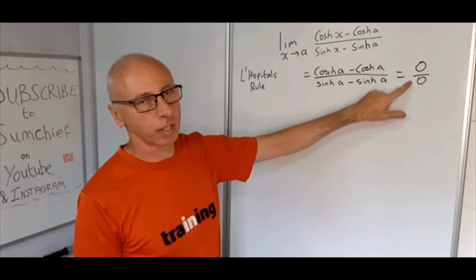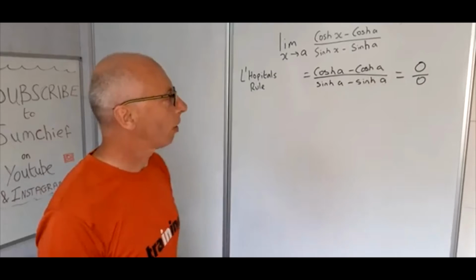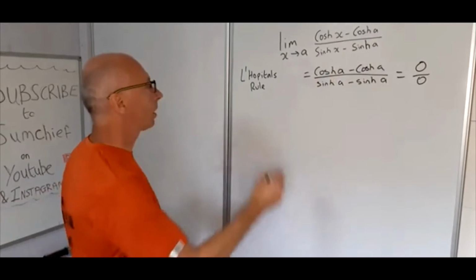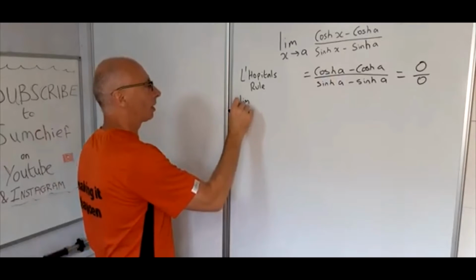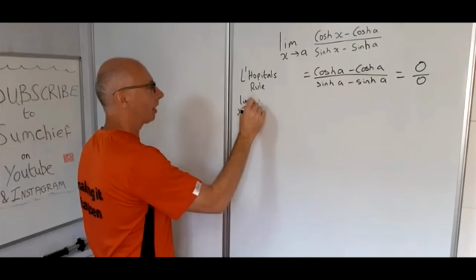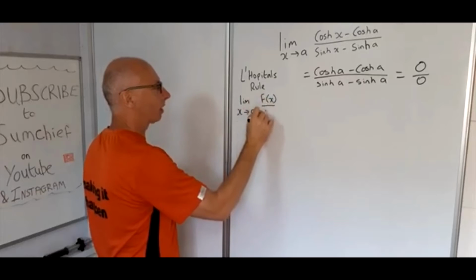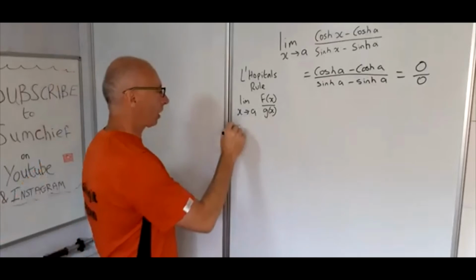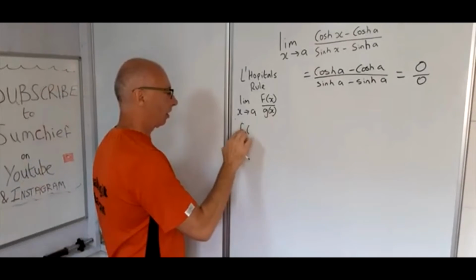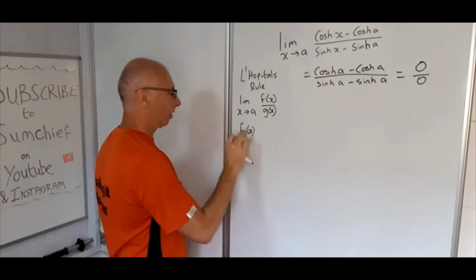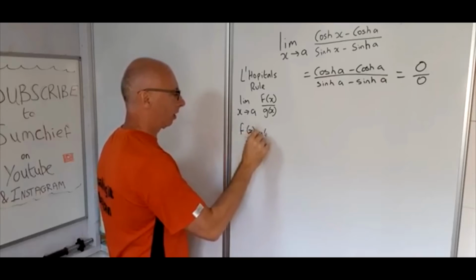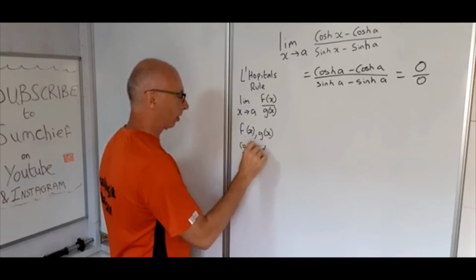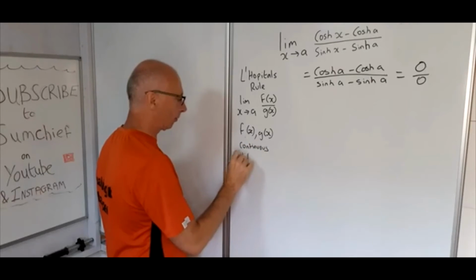You can also get infinity over infinity, but in this case we've got 0 over 0, and that this function, top and bottom, so we've got the limit as x approaches a of f of x divided by g of x. F of x and g of x, these are both continuous and differentiable.